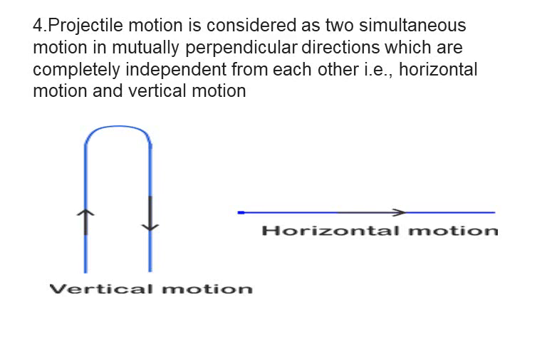The two motions of a projectile along horizontal and vertical directions are independent of each other, and this is called the principle of physical independence of motions.